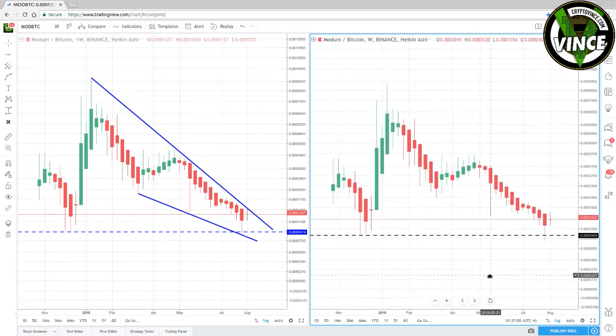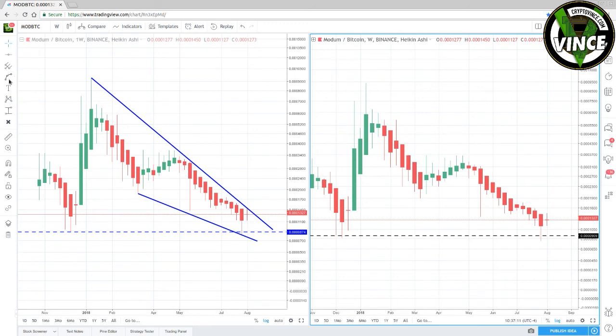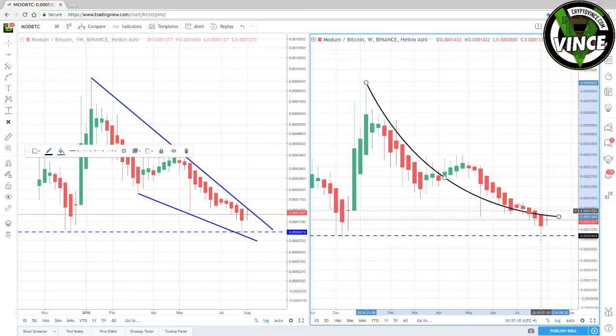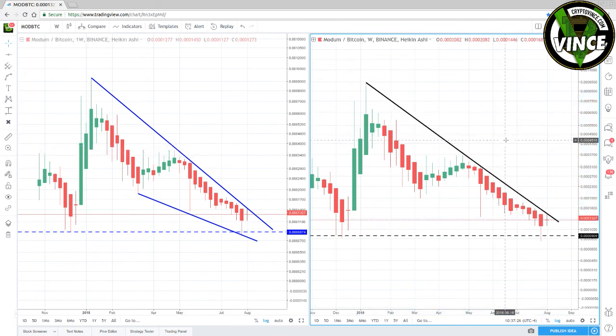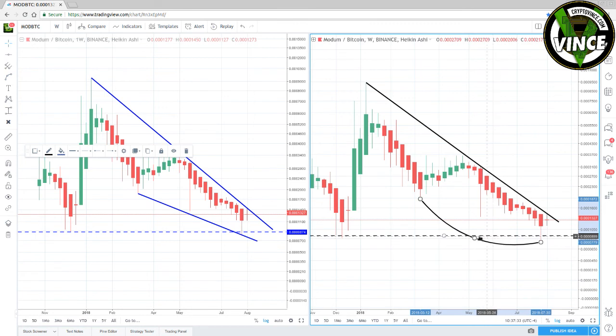Now, if I want to trace the same exact resistance, but using my parabolic tool, of course, I'm not suggesting you use parabolic tools to trace resistance. I'm just showing you what would happen. Okay, so this would be my resistance, and this would be my support right there, straight line.